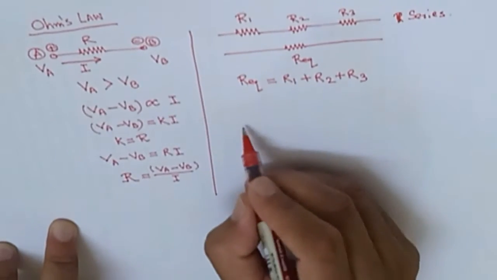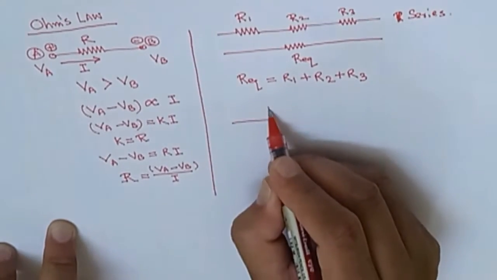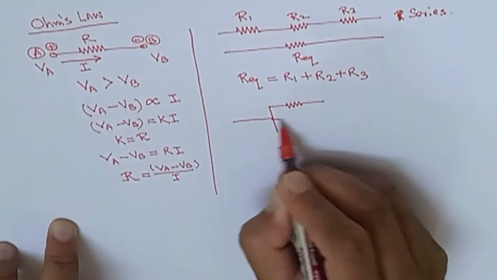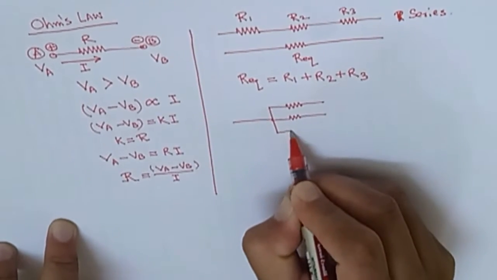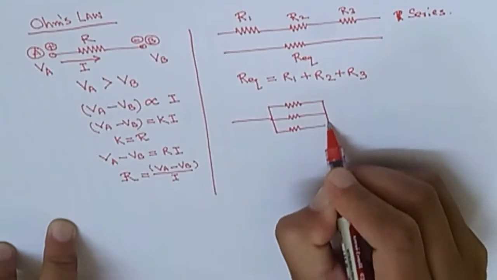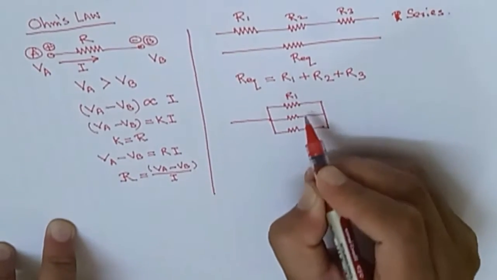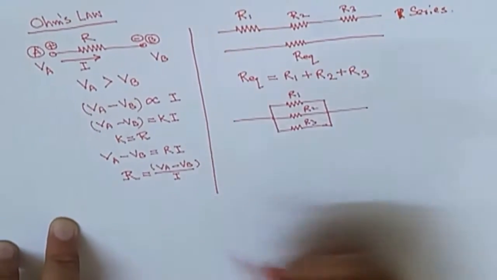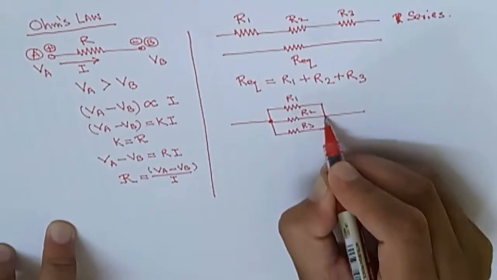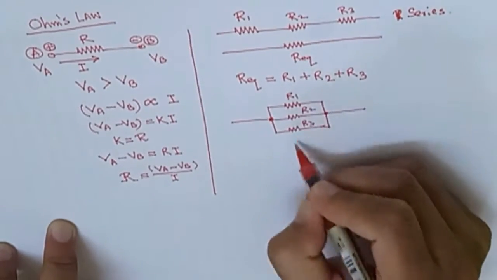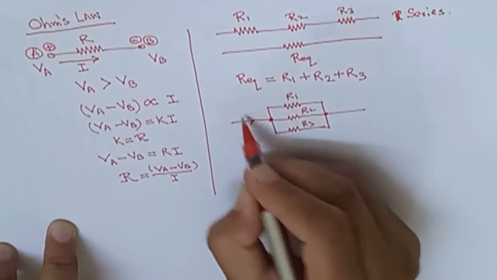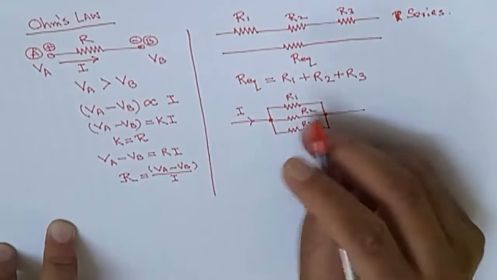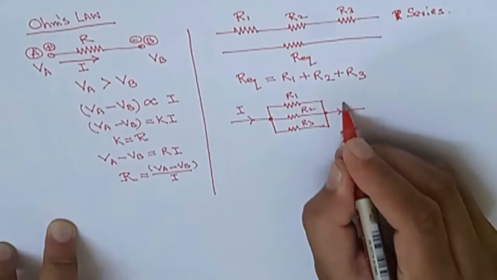Now comes the parallel circuit. If this is parallel, we consider three resistances R1, R2 and R3. In a parallel circuit the current is divided. One current enters here and is divided into three parts, but again the same current comes together here.